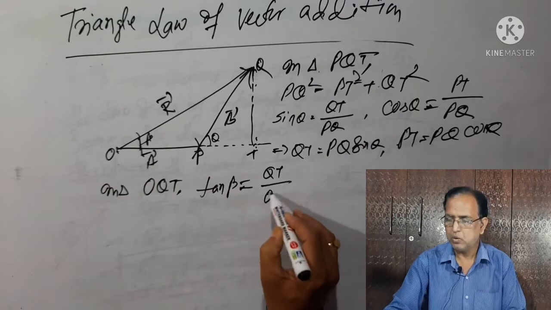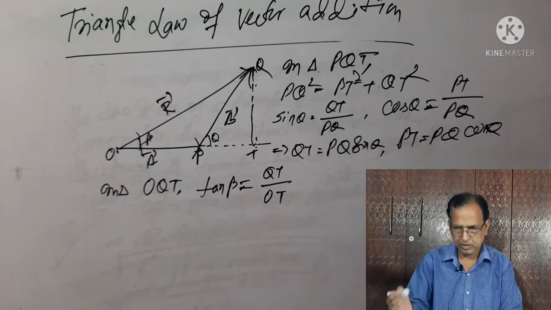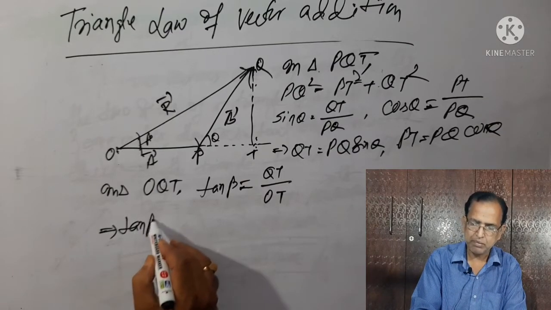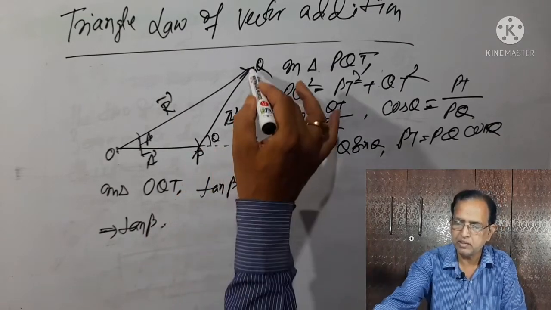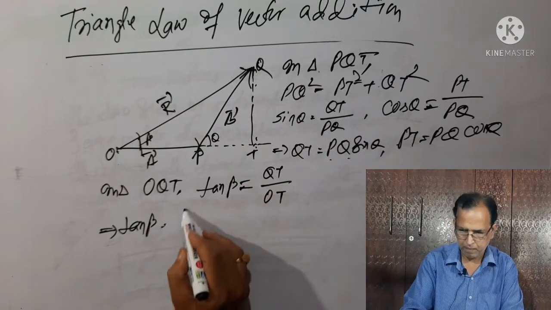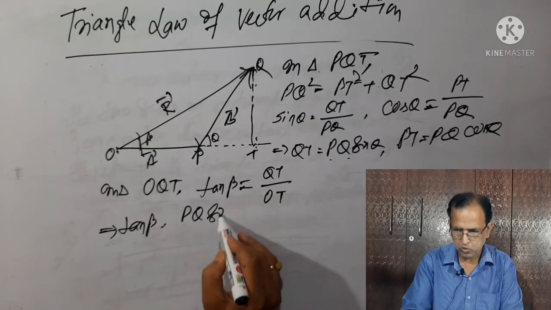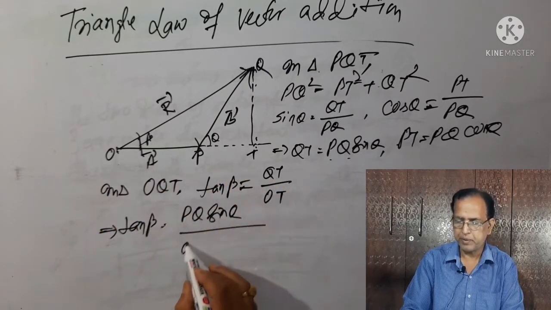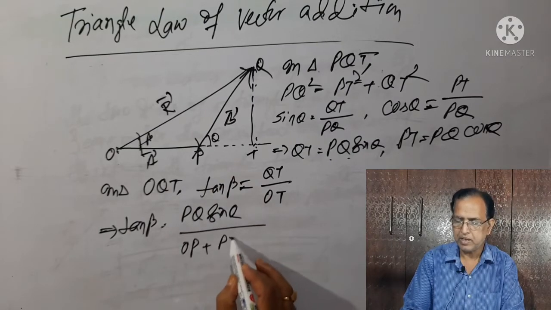QT is equal to PQ sin theta, and OT is OP plus PT.